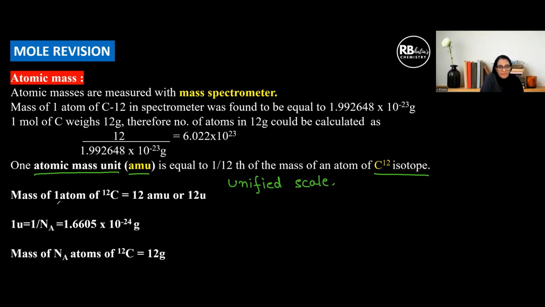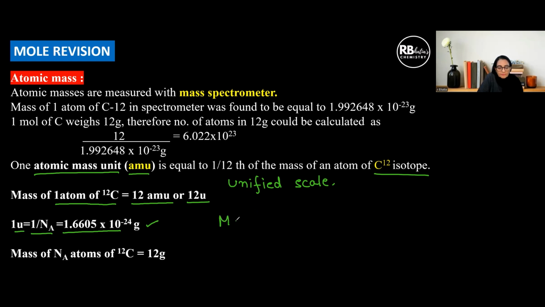On this scale, the mass of one atom of C12 is 12 AMU, or these days called 12 U. And 1 U is equal to the reciprocal of Avogadro number, that is 1.6605 × 10^-24 gram.